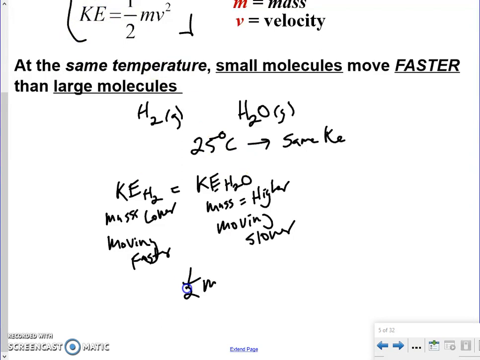You would have 1/2 mass times velocity squared equals 1/2 mass times velocity squared, where hydrogen's mass is much smaller and water's mass is much larger. So that means velocity must be faster for hydrogen, and for water it must be lower so that these two numbers can actually equal each other. Okay, and that's a very common concept through AP Chemistry and through some of the problems we're going to be working with.